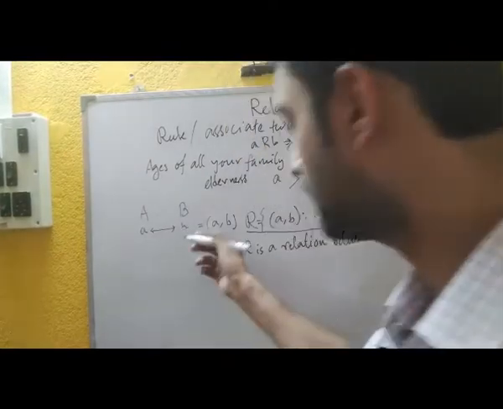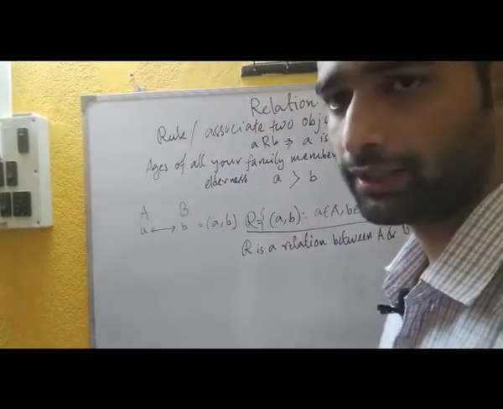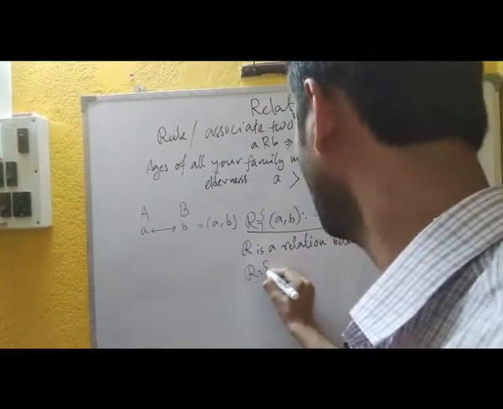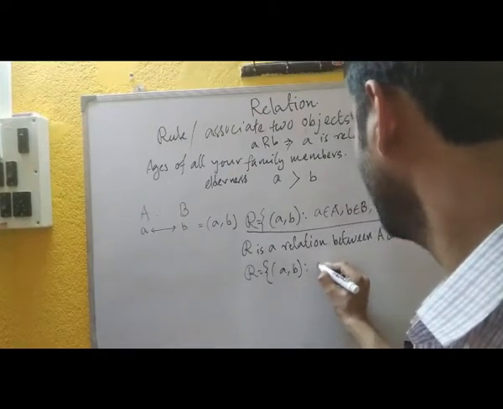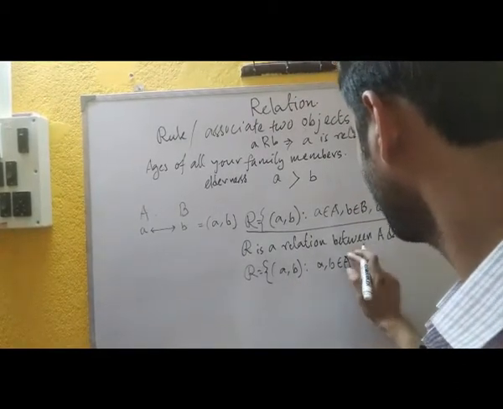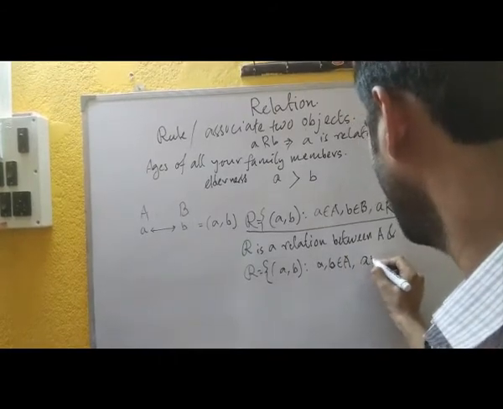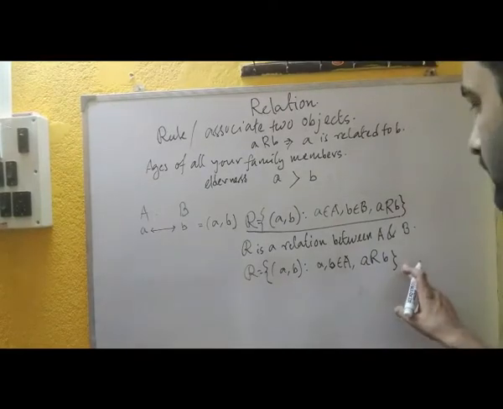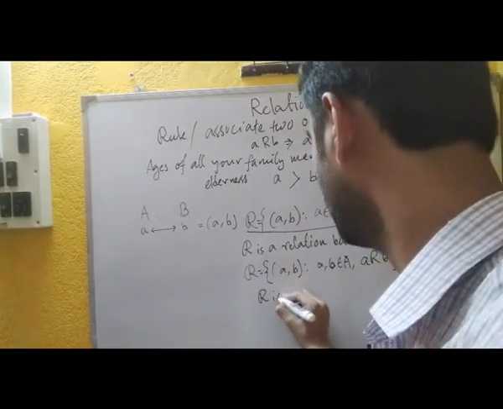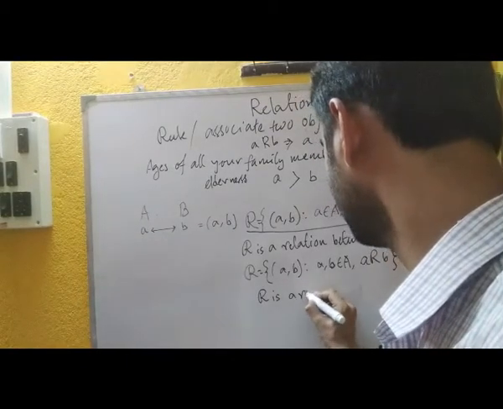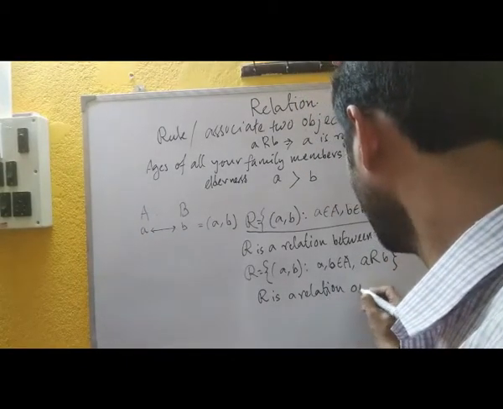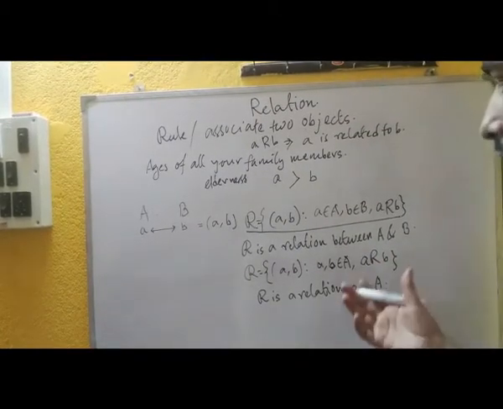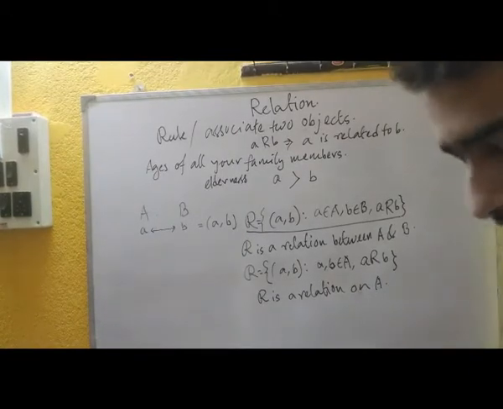Suppose we are considering a relation between the elements of A. So instead of writing a belongs to A and b belongs to B, if we write it like this: R equals to the ordered pair (a, b), where a, b both belong to A, and a R b, then this will serve our need, and we can say that this R is a relation on A or from A to A. So this is the way we express relation mathematically.